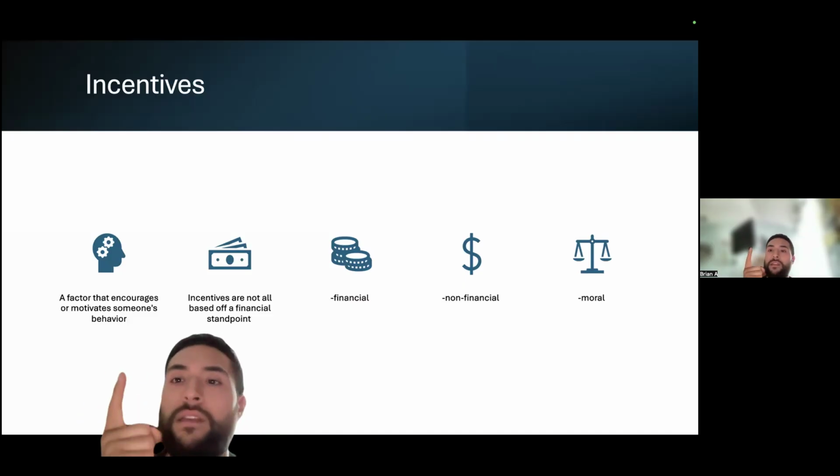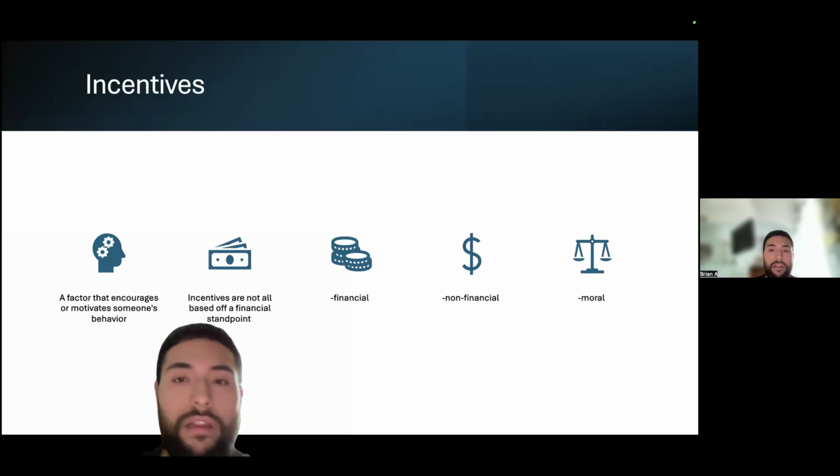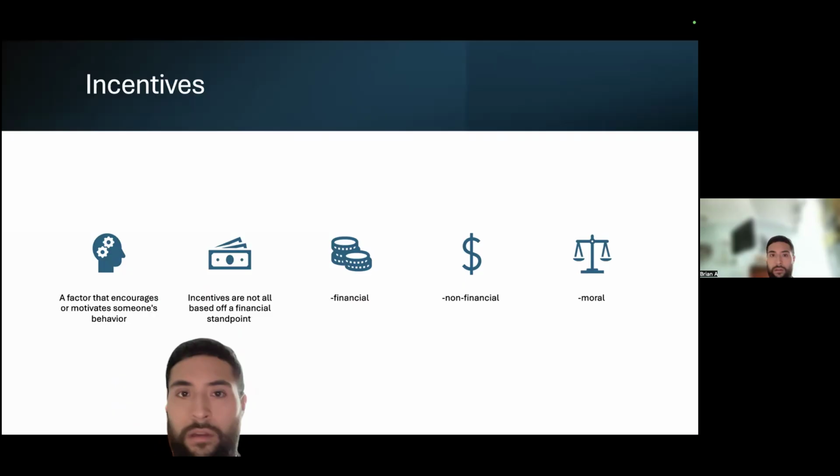Financial meaning cash, non-financial meaning like non-cash perks, or moral.